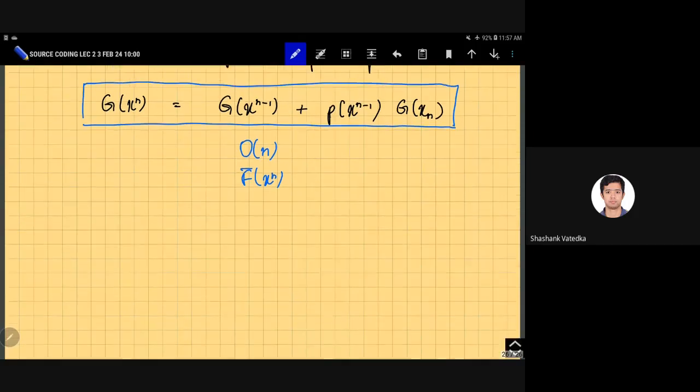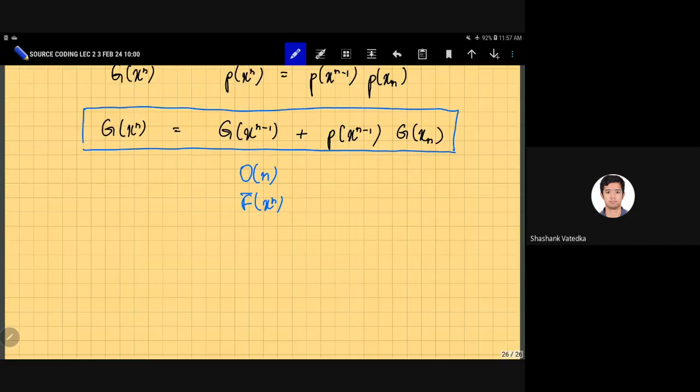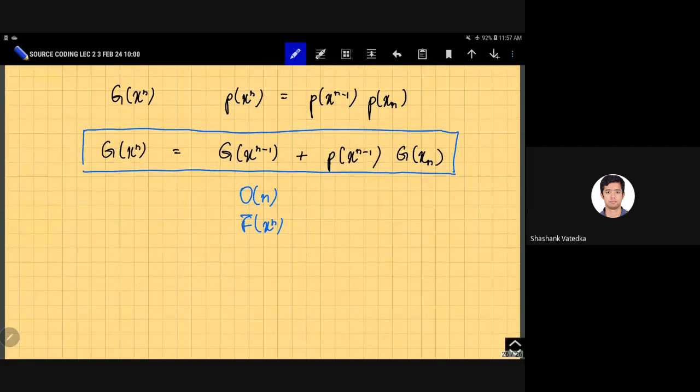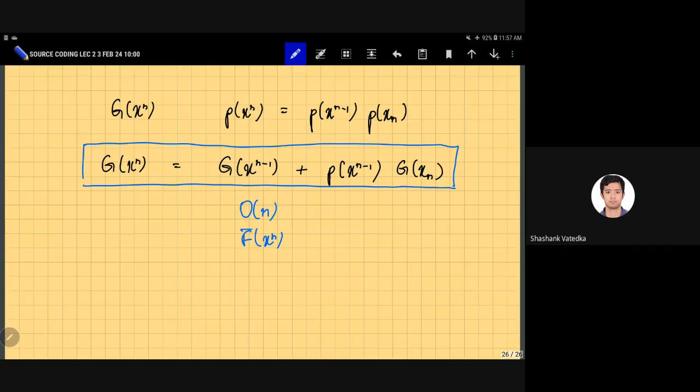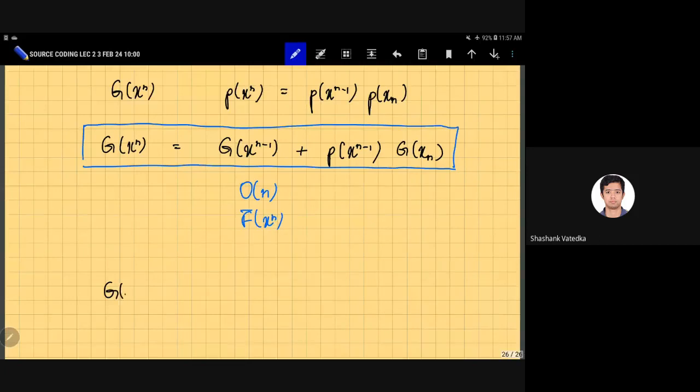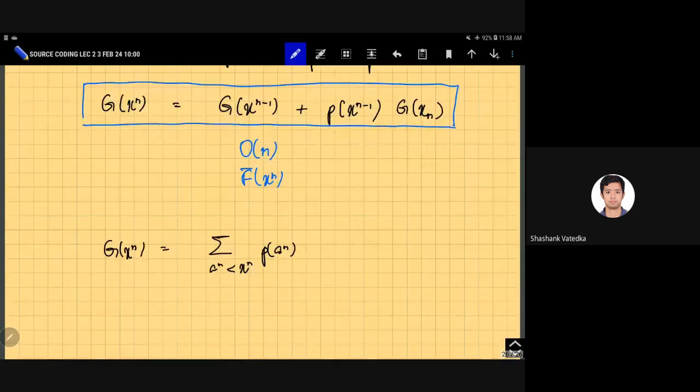All right, so our goal is to show that g of x^n equals g of x^(n-1) plus p of x^(n-1) times g of x_n, right? And the basic idea is the following. So g of x^n is the summation over all a^n less than x^n of p of a^n, right?